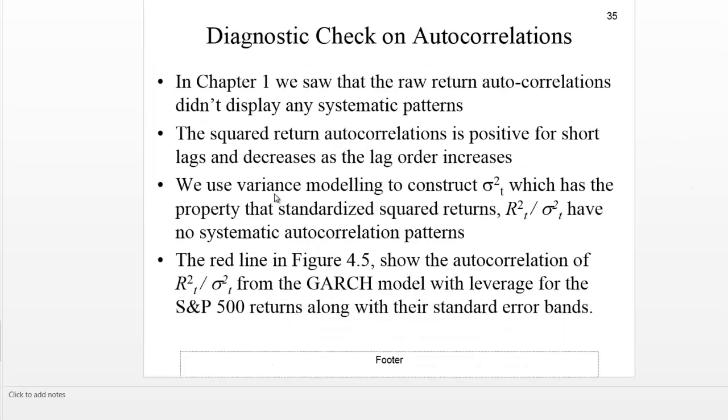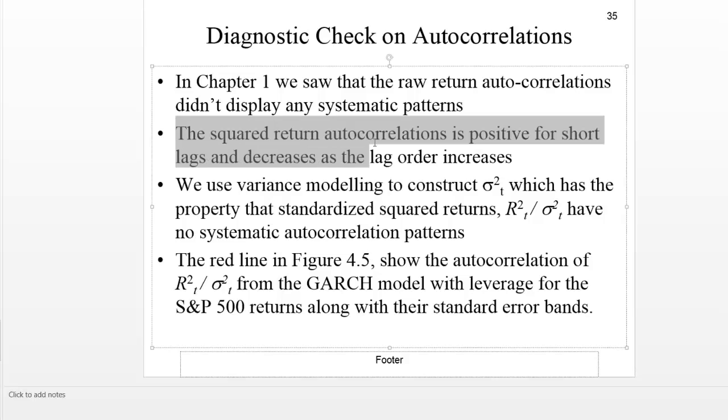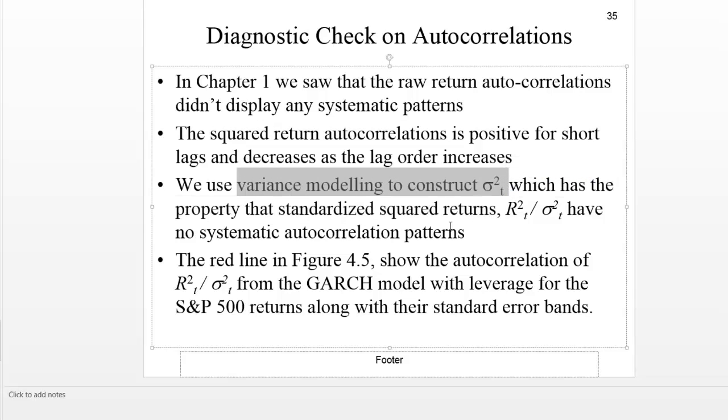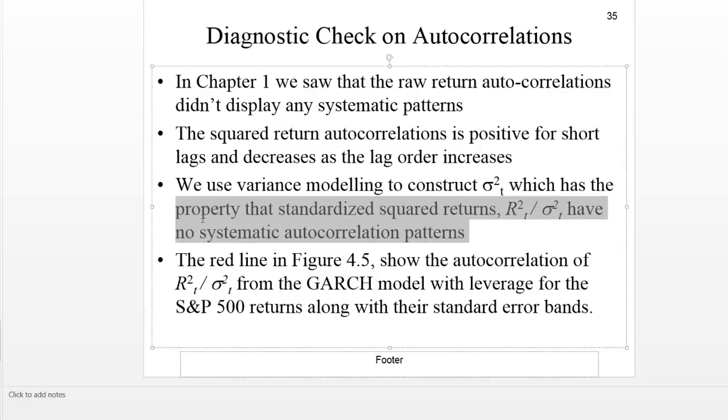The second way we're going to diagnose it comes from the stylized fact that squared returns show positive autocorrelation. So when we construct our sigma_t in this variance modeling, if we get to remove the autocorrelation, that means that r squared over sigma squared, the one we are actually estimating, has no autocorrelation pattern, and then we have actually done our job.